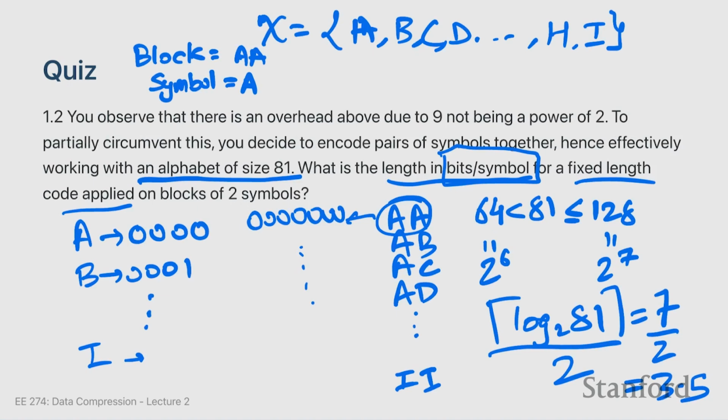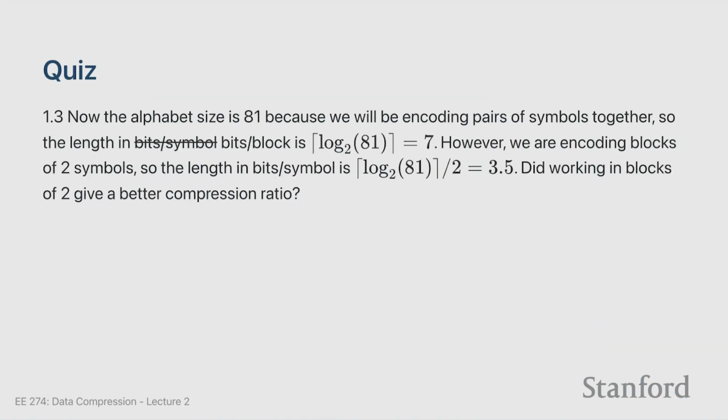And those who wrote 7, we will still give you marks because we made a mistake in the next part. Let me read the question. Now the alphabet size is 81 because we will be encoding pairs of symbols together. The length in bits per block, and this was the typo we made, is log 81, which is 7. However, we are encoding blocks of 2 symbols, so the length in bits per symbol is this divided by 2, 3.5. And did working in blocks of 2 give a better compression ratio?